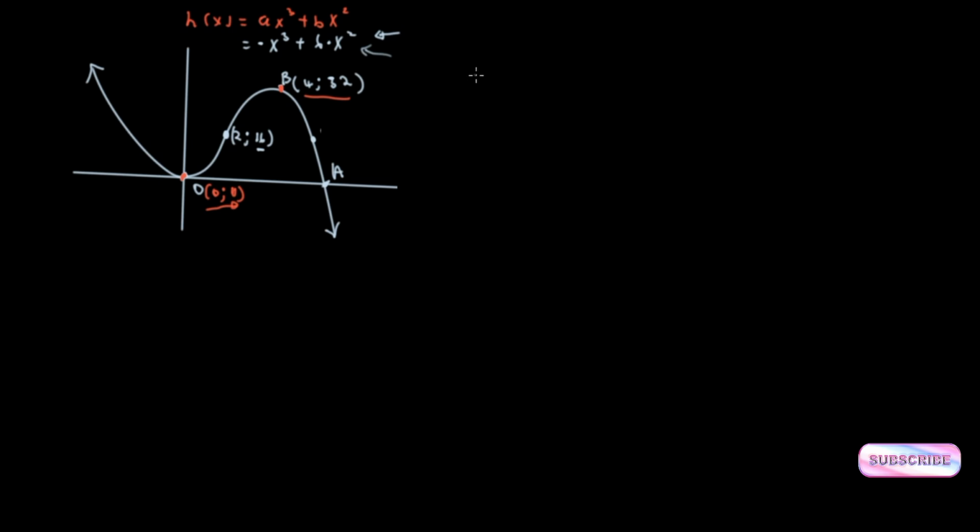So we say -x cubed plus 6x squared equals 0.